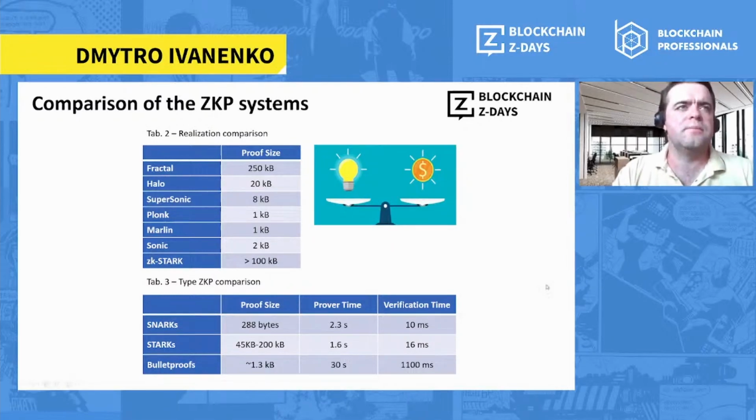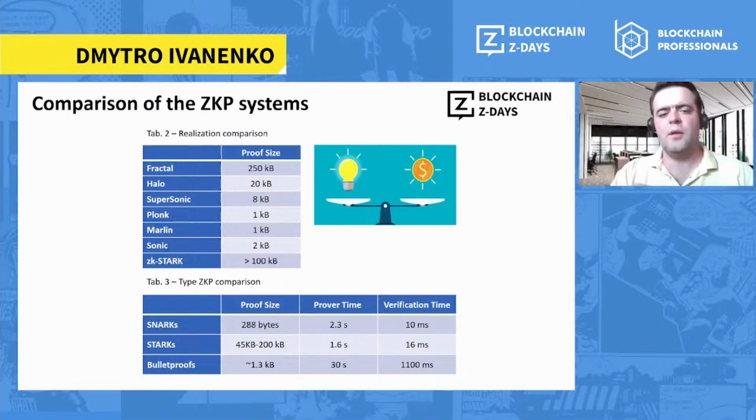First point, you need to understand whether you need a trusted setup or not. And you need to understand that ZK-STARK is faster than ZK-SNARK, and ZK-STARK is faster than Bulletproof.